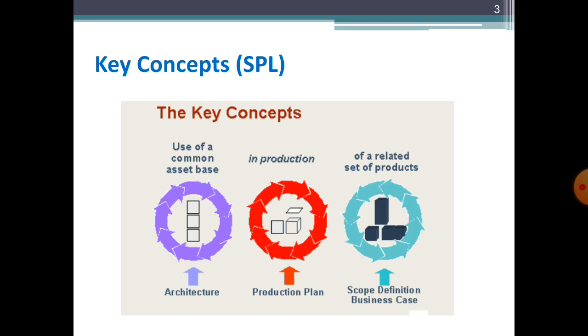As I discussed in the previous lecture, these core assets vary from company to company or organization to organization, but generally core assets include components, frameworks, libraries, subroutines, functions, modules, tools, and development platforms. So students, these are the different core assets we have.